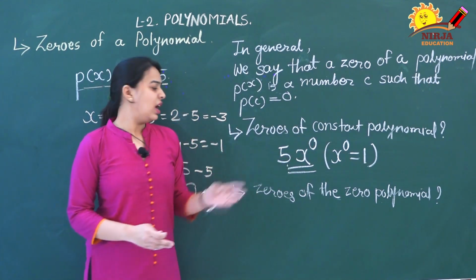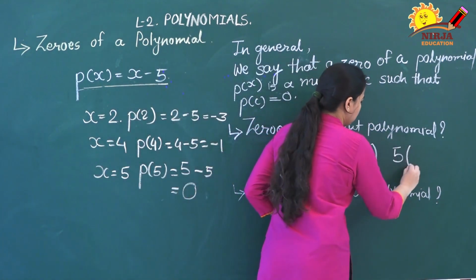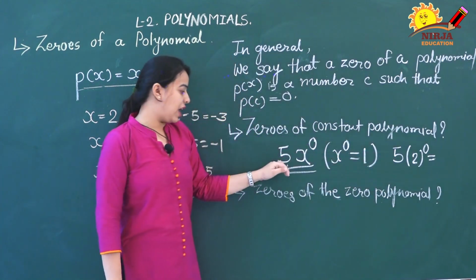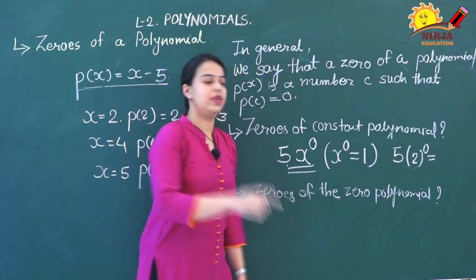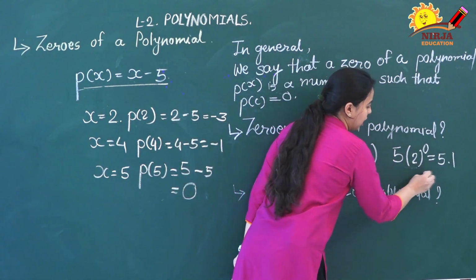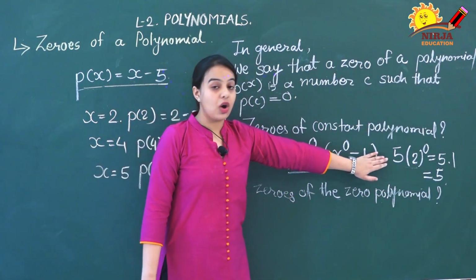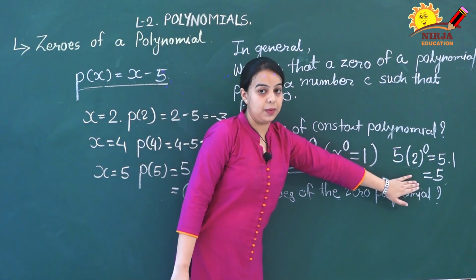So this 5 we can consider as coefficient of x raised to 0. Now let's take any value of x. Suppose I am taking 2. So it will be 5 into 2 raised to 0, and any number raised to 0 is always 1. That means 5 into 1, and 5 into 1 is equal to 5. So as you can see, we got the answer for x is equal to 2 is 5.